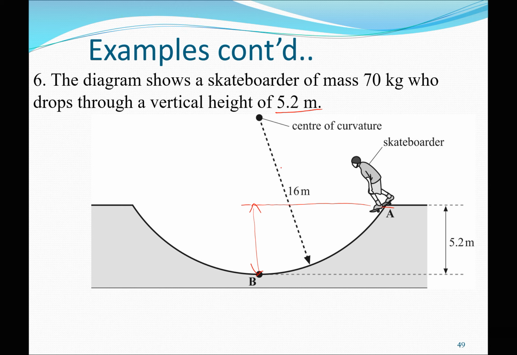The distance from the center of curvature is 16 meters. So at this point we expect that he has a gravitational potential energy, which is mgh, and it's this gravitational potential energy which is going to be lost as he gains kinetic energy.